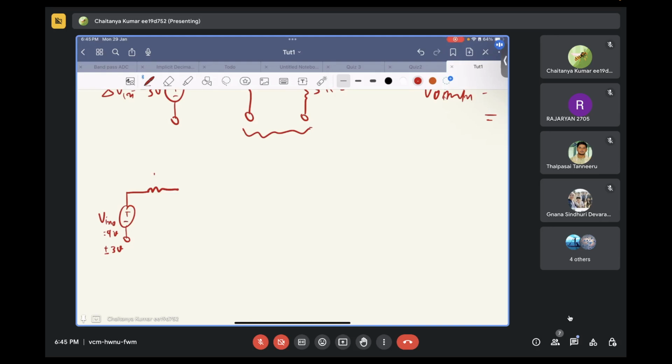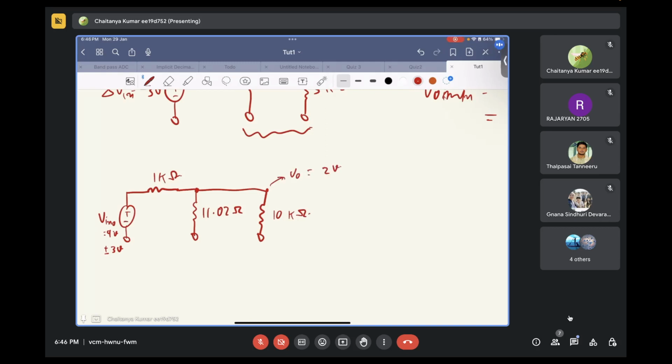Your series resistance of 1 kilo ohm is here, and then you have this incremental resistance of 11.02 ohms, and your output load resistance stays the same at 10 kilo ohms. So when it is 9 volts, the output is equal to 2 volts.